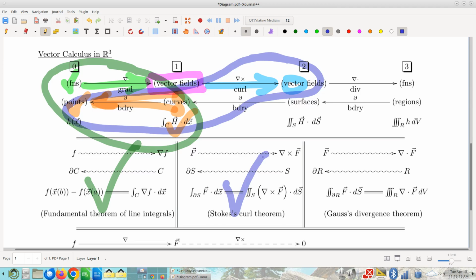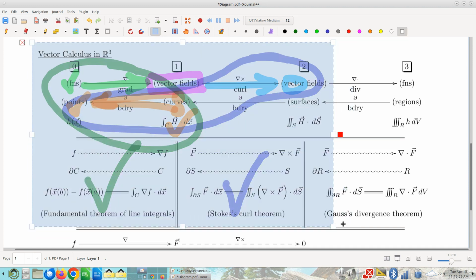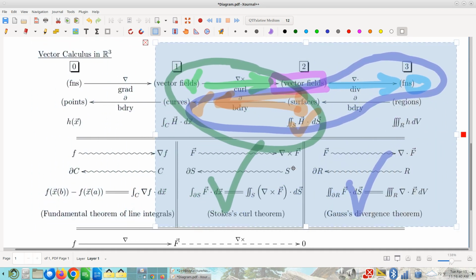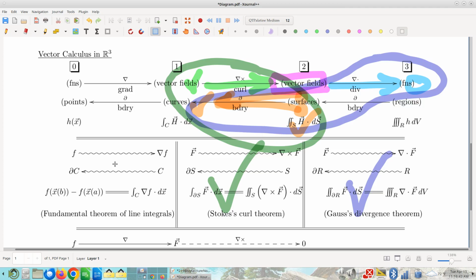Not only do the results line up in the pattern, but the tools that you use to show those results also line up. So I can take this little road map of how we understood the cool one-dimensional vector fields and slide it over. We're going to see a little bit of this today, but the rest on Thursday.